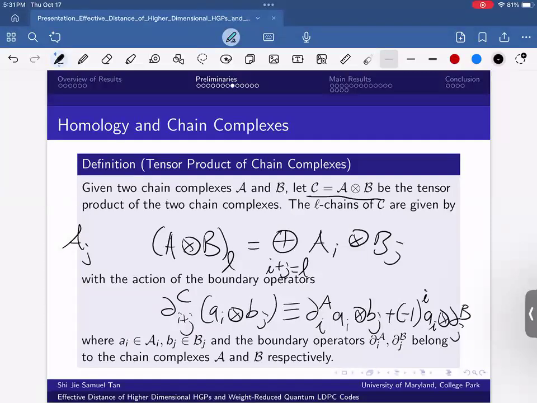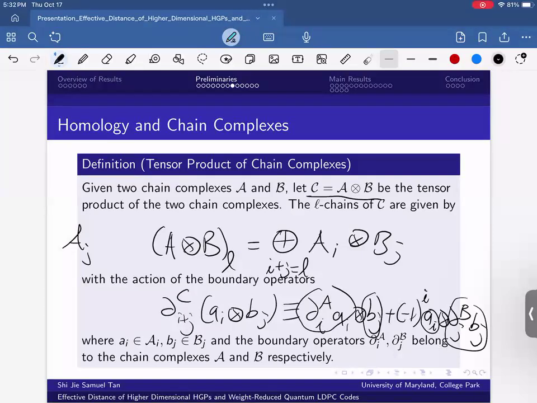But this is just to give you a flavor of how it looks when you take the boundary of a vector space in the tensor product complex. You take the boundary of one of the individual constituents tensor with the original other constituent, and then you take the boundary of the other constituent, and then you add them together. But because it's F2, this (-1)^i doesn't actually matter.